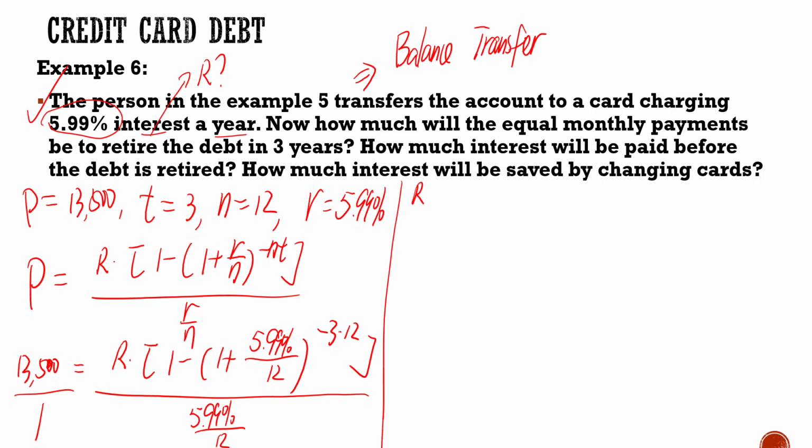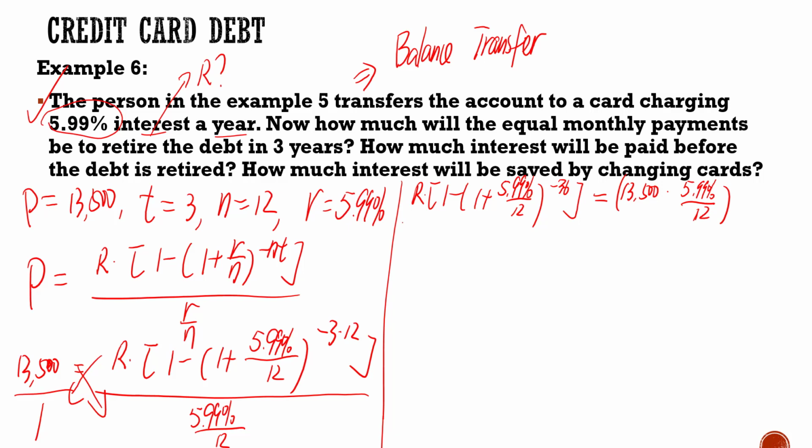So the proportion, cross multiplying and solving for the regular payment here. Regular payment times square bracket 1 minus 1 plus 5.9% over 12 raised to negative 36 power equals 13,500 times 5.9% over 12.